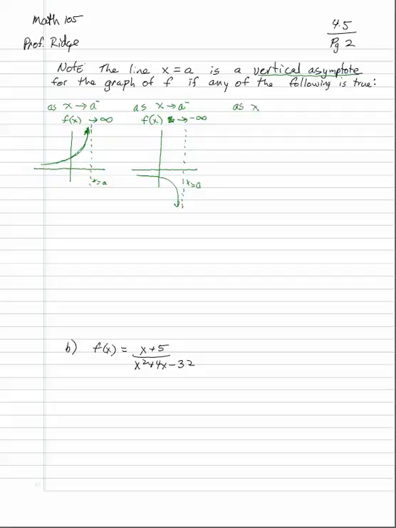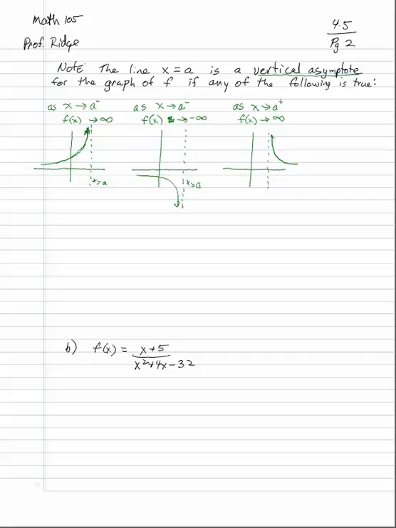As x goes to a from the right side, this is notation we'll use in calculus, f of x, remember that's the y value, goes to infinity. So it might look something like this. We're approaching it from the right side, so it'll be coming from this side. Again, it's going up to infinity.